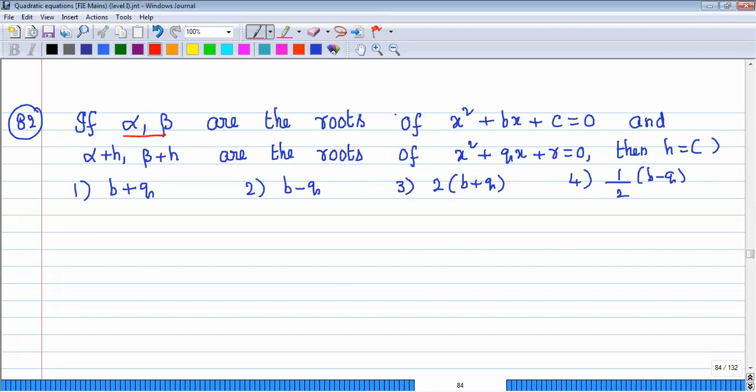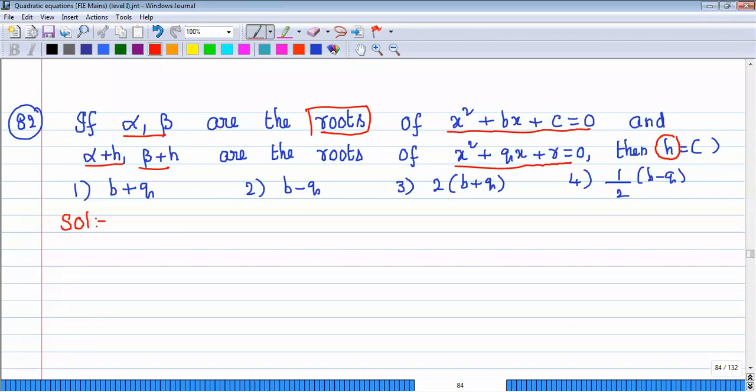Alpha, beta are the roots of x square plus bx plus c equals 0, and alpha plus h and beta plus h are the roots of x square plus qx plus r equals 0. Then we need to find the h value in terms of b and q.